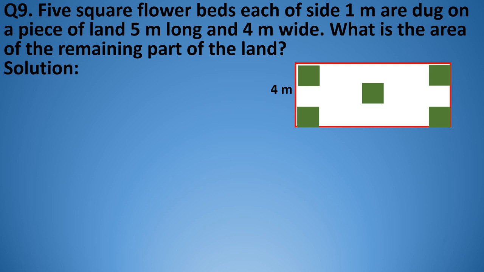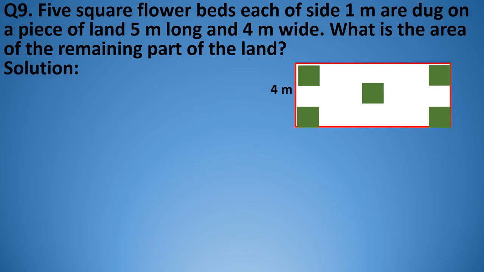I am repeating the question. 5 square flower beds means there are some square portions of flowers, and they are 5 in number, each of side 1 meter, are dug on a piece of land. Dug means khodna. And the land measurement is 5 meter long and 4 meter wide. What is the area of the remaining part of land?